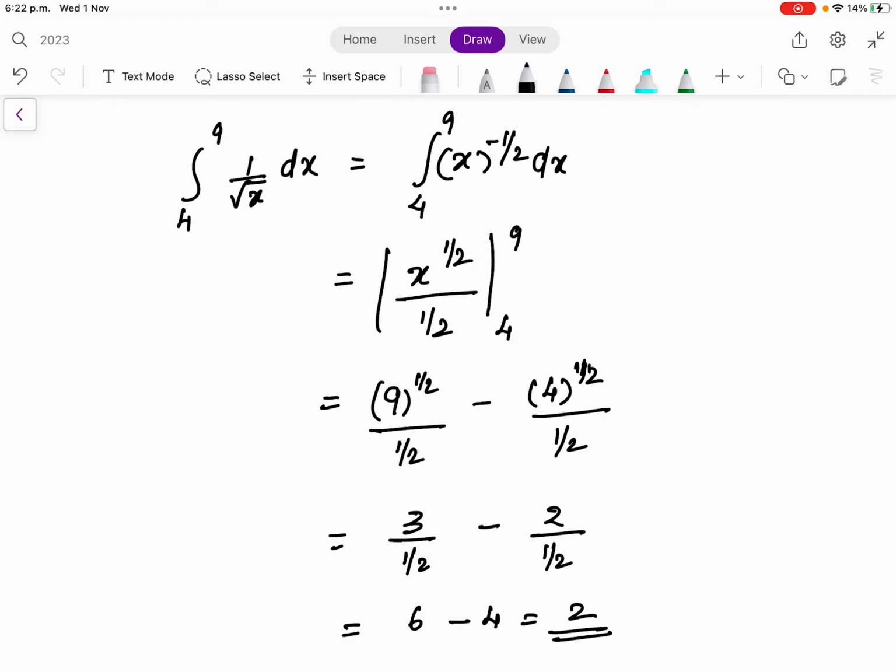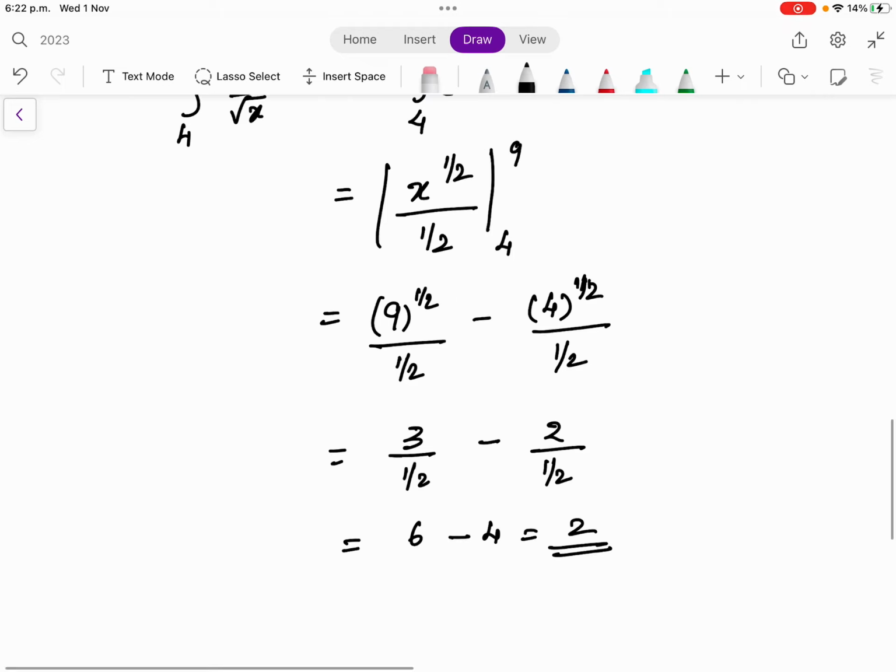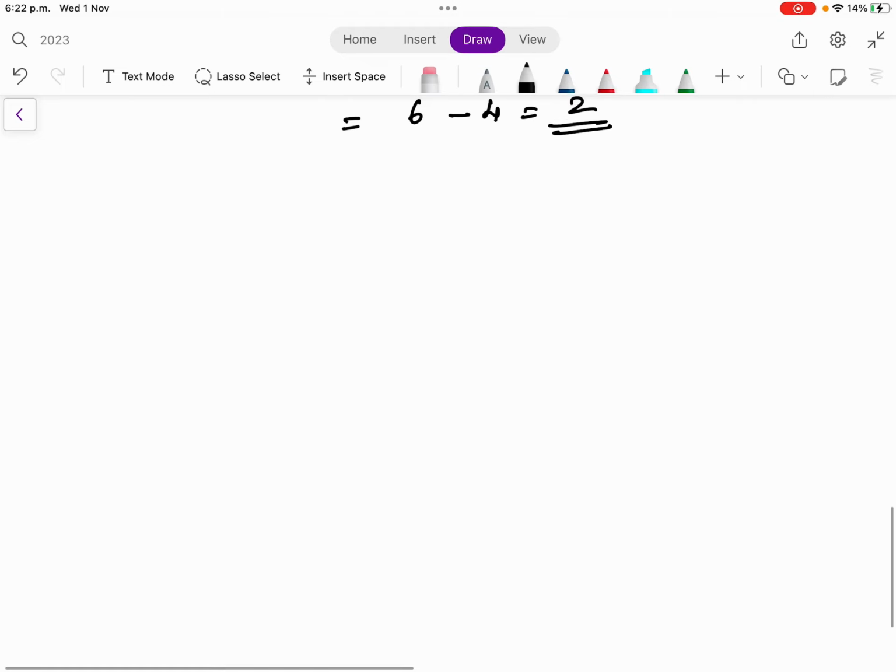The same applies for exponents and trigonometric values. Let's take an example of trigonometric values. For trigonometric values, your range will be the angle, which is expressed in radians. For example, the integral from 0 to pi by 4 of cos 2x dx.